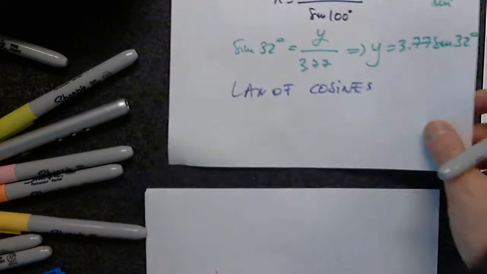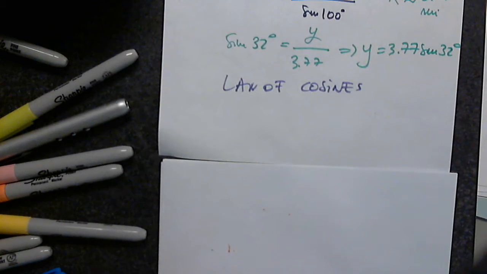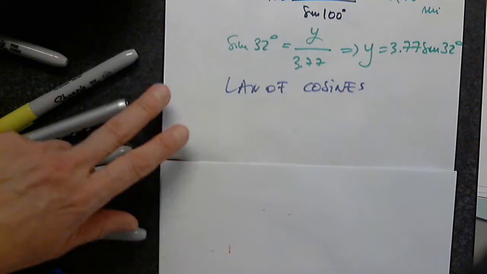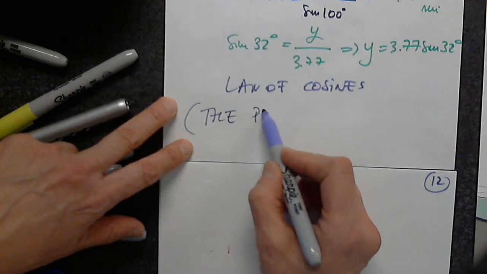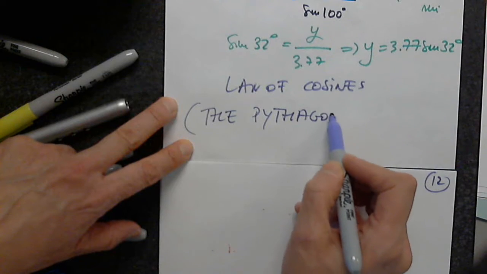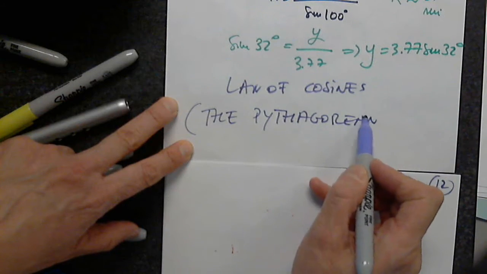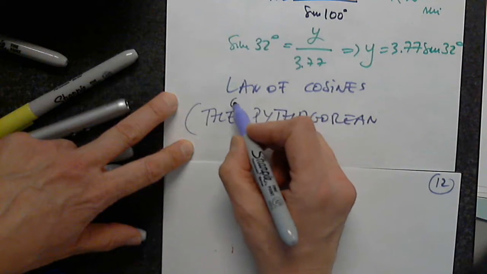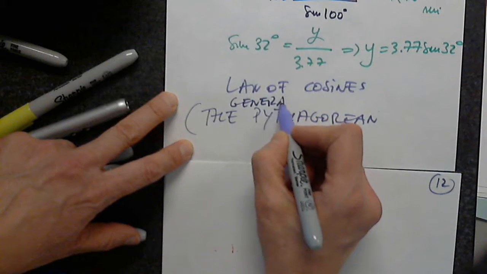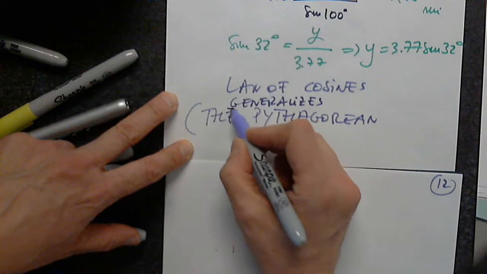A hundred years ago when I learned this, it wasn't called law of cosines. It was called the Pythagorean theorem, and you will probably see it in some books as the generalized Pythagorean theorem.